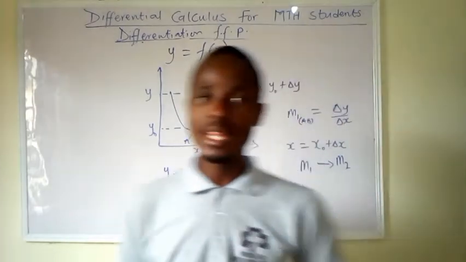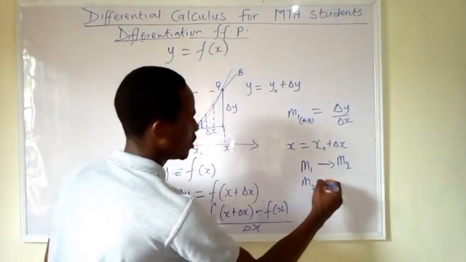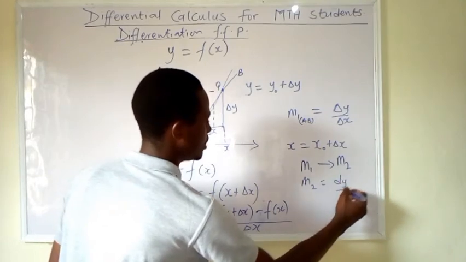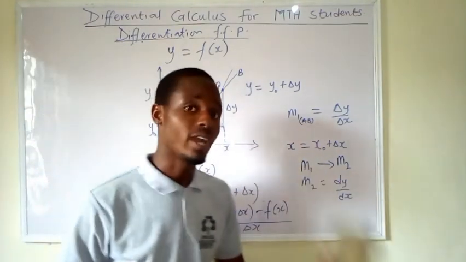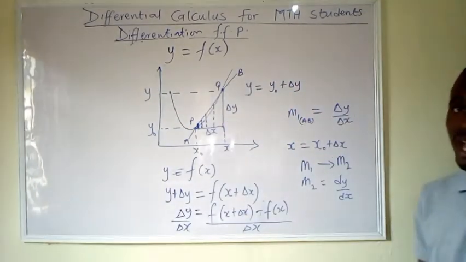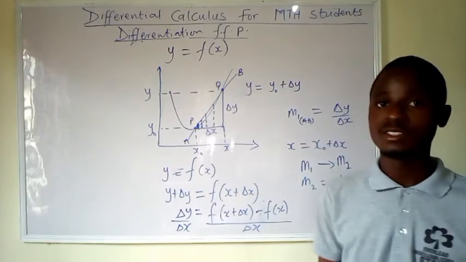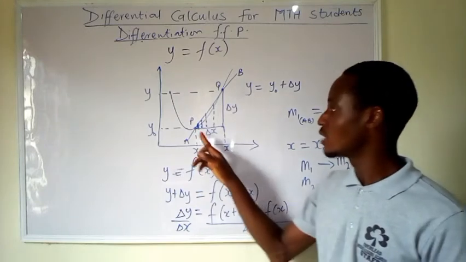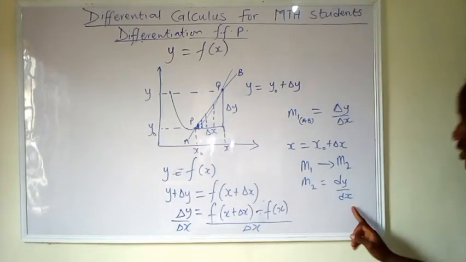The new gradient at that limit, m2, will be written as dy/dx, which is the derivative of y with respect to x. The effect of change in x on y, at the limit where change in x tends to 0, is what we call dy/dx.